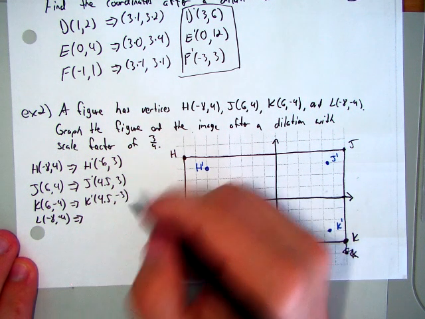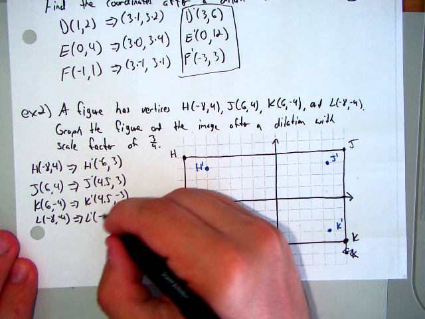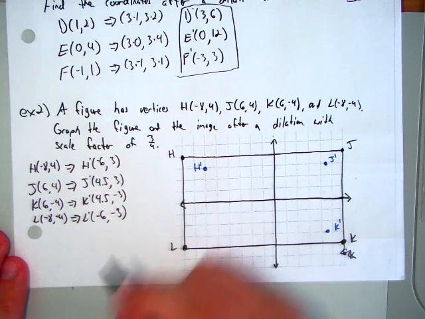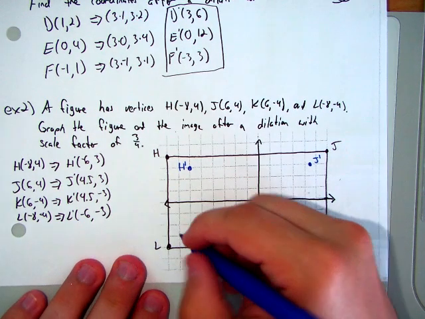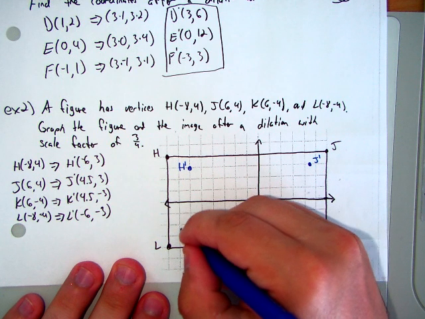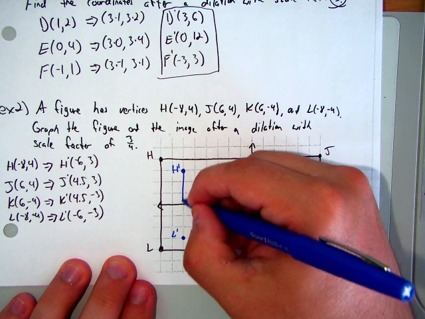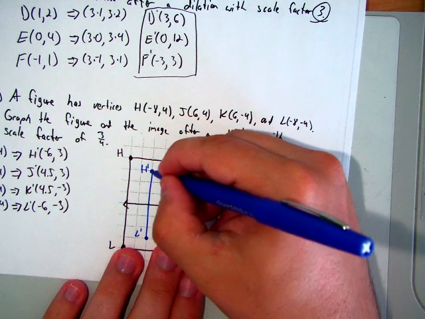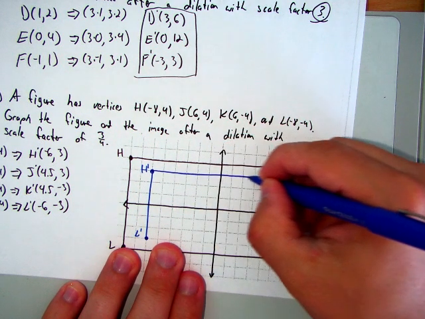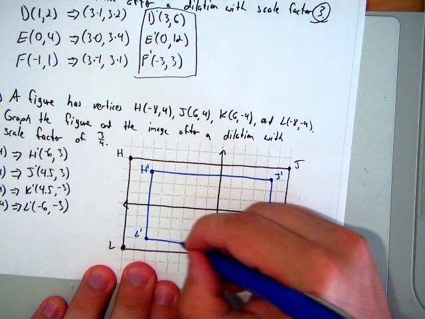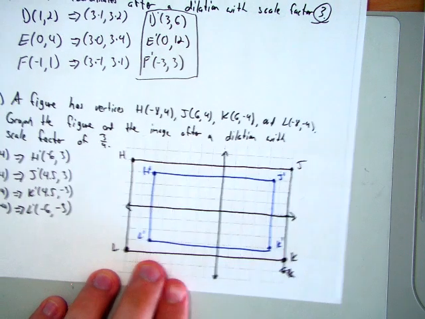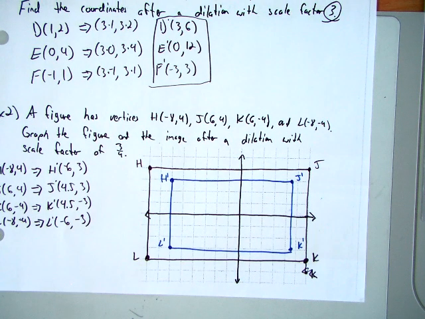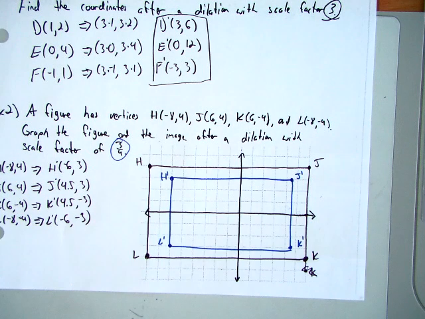Multiplying both of those by 3/4, I get L prime at negative 6, negative 3. So L prime then would be here. So the dilated rectangle would look like this. As you can see, it's smaller, which should be true because we multiplied by a fraction that's less than 1.